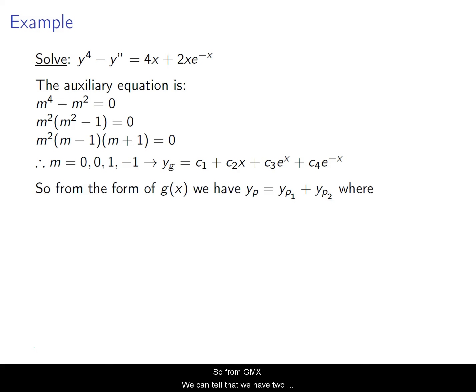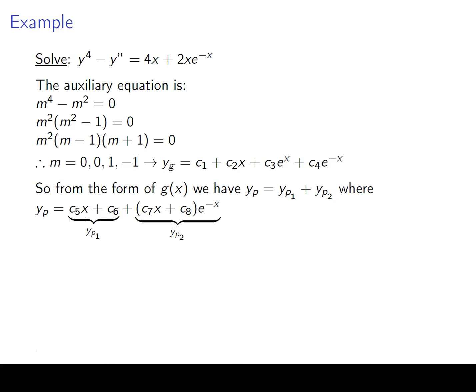So from g of x, we can tell that we have two parts. I have one part plus another part. So I'm going to have a particular solution 1 and a particular solution 2. Add those together in a superposition method, and I will have y of p. And my full solution will be y of g plus this whole y of p function. Okay, so we're going to be combining lots of functions together here.